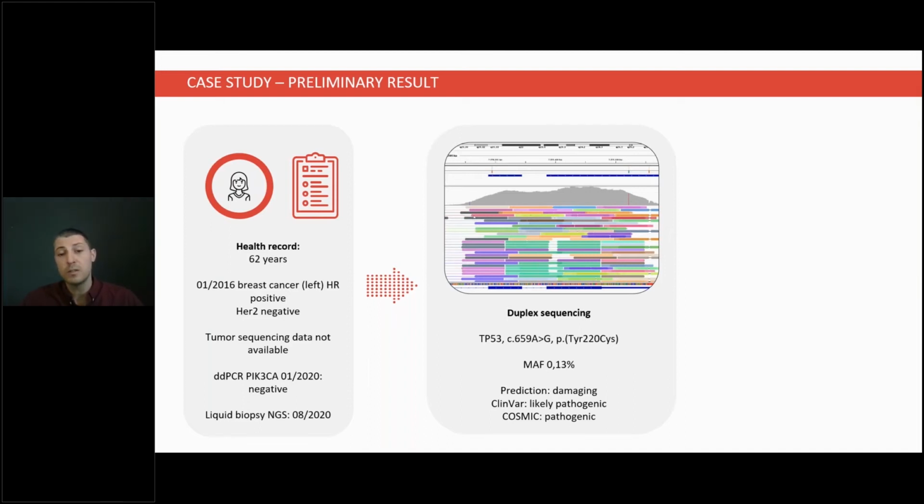But it's a suspicious variant, and bioinformatic tools predict this variant to be damaging, and it's also listed in ClinVar as likely pathogenic and in the COSMIC database as pathogenic. We need to repeat this, of course, but if we see this variant again in the next run, then we would have the possibility to follow this specific mutation in this patient by ddPCR.